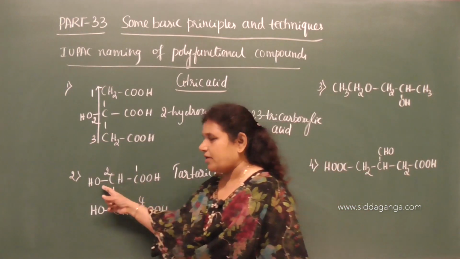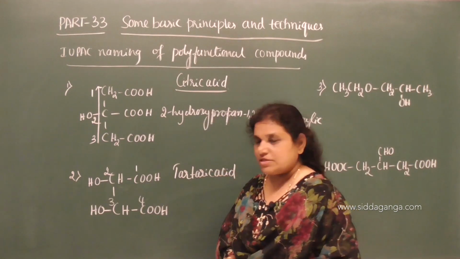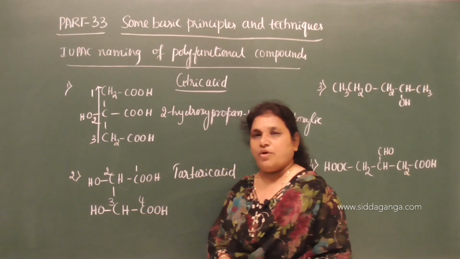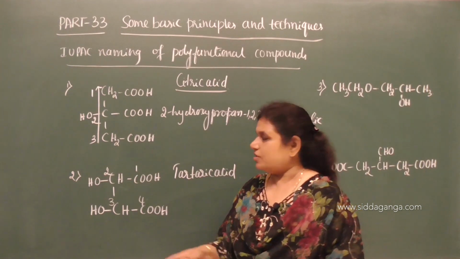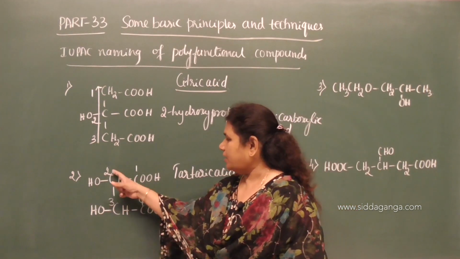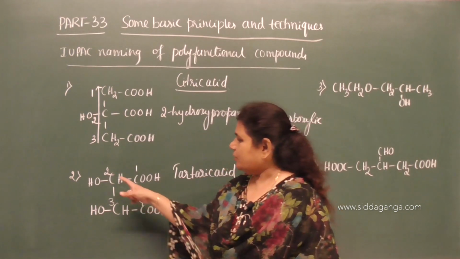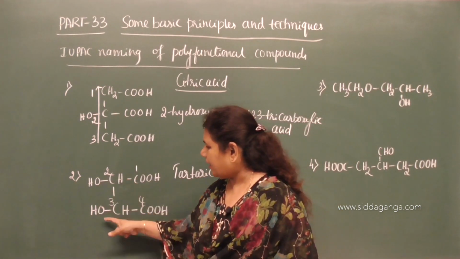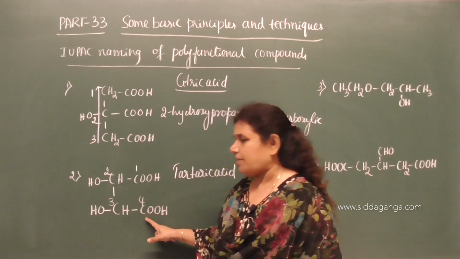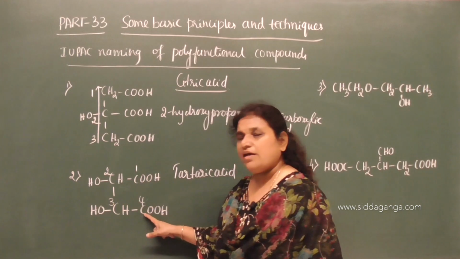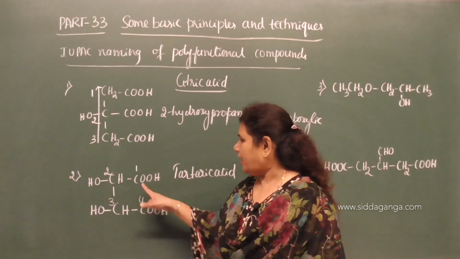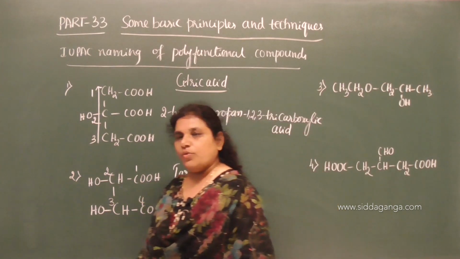What is the prefix for the alcoholic group? Hydroxy. Since there are two OH groups, you can use the prefix di. So dihydroxy on the second and third carbon. So 2, 3 dihydroxy. Total number of carbon atoms is 4. Therefore, butane is the root word and 1, 4 dioic acid.